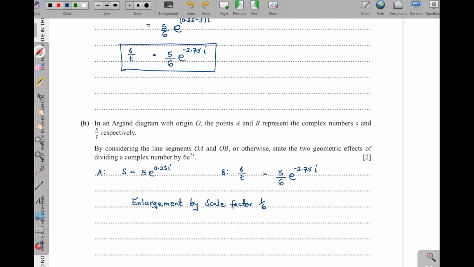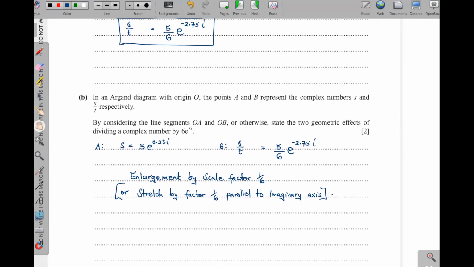You can write that, or you can say stretch by factor 1 over 6 parallel to the imaginary axis this time around. But it is just the length here that is changing, so we can just take enlargement.